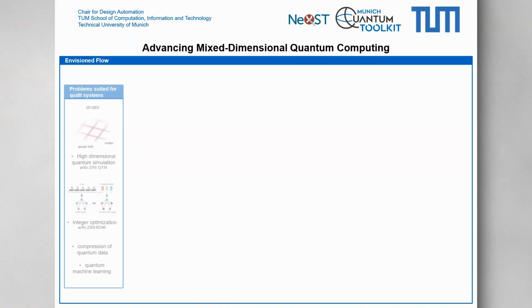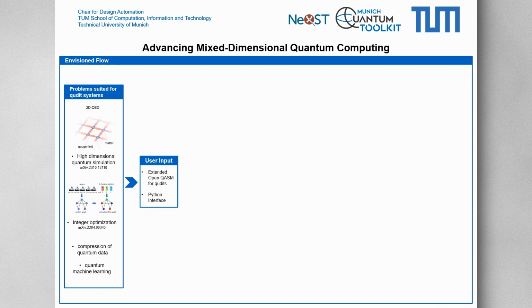Great, let's go. Let's take a look at our Envision Flow. Mixed-dimensional quantum architectures have been proved to be naturally suited for solving a variety of problems, such as high-dimensional quantum simulation, integer optimization, quantum data compression, or quantum machine learning.